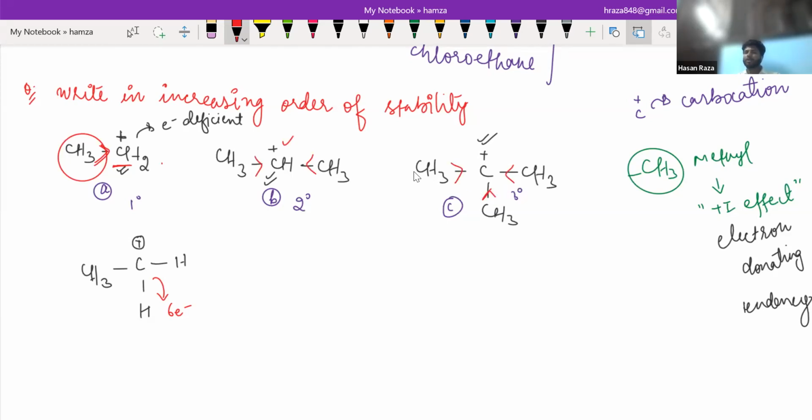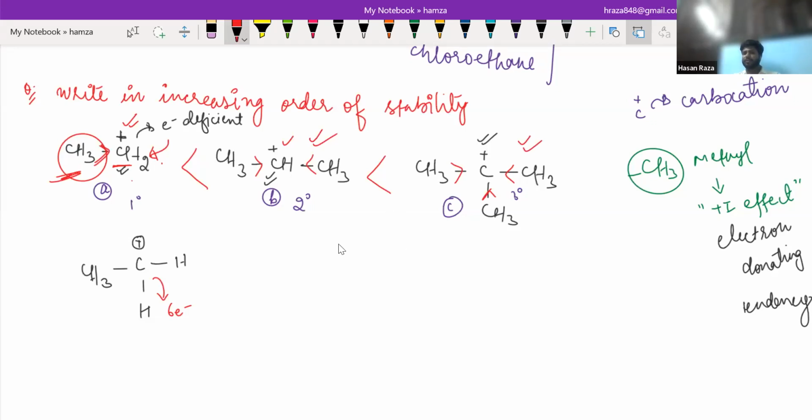So which one will be more stable? The C plus, CH plus, and CH2 plus are electron deficient. They require electrons, and the group attached to this CH2 plus is CH3, which means it is supported by one CH3, this by 2 CH3, and this by 3 CH3.